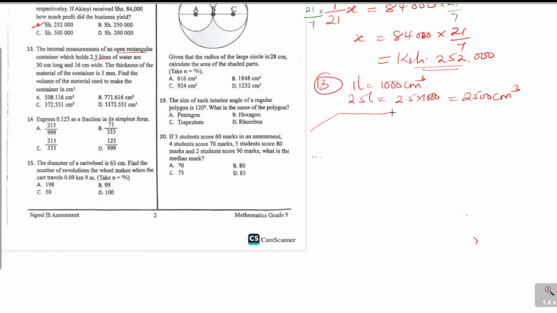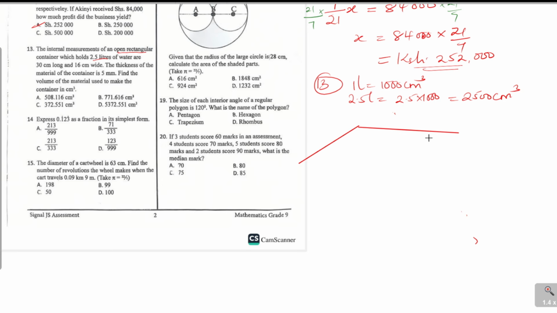Then this rectangular container has a thickness. So if I can just draw a rough sketch, you can draw a rough sketch showing the internal measurements. So the internal measurements, that means it looks something like this. So let me draw a bigger one so that I can be able to show the internal measurements and the external measurements.